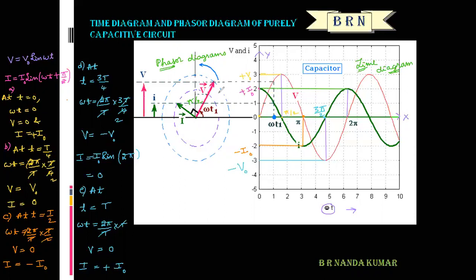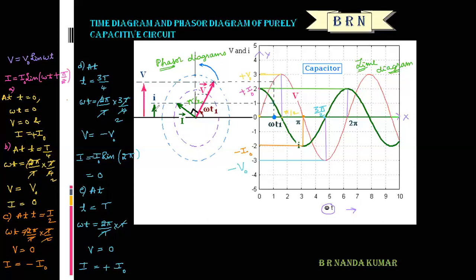So this is the phasor diagram. What is the meaning of a phasor diagram? A diagram which represents the phase relationship between alternating current and alternating voltage.